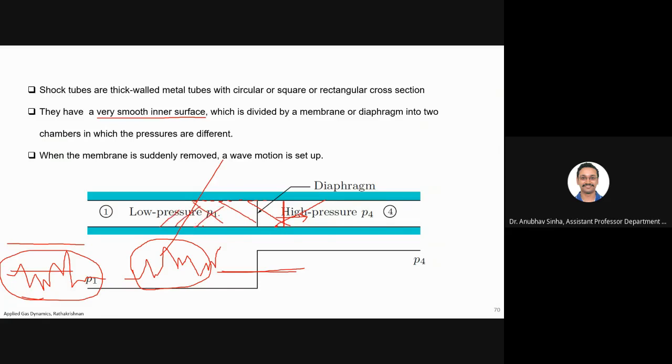Some disturbance is creating a shock wave. That is not what you want. You want this to be as minimal as possible, so you have a clean flow without any experimental errors or issues. Okay, so that is about the shock tube.